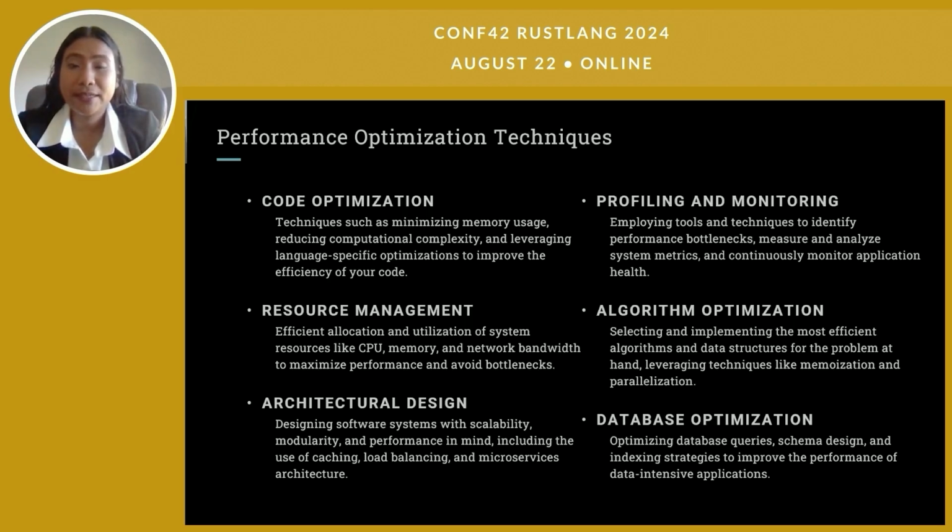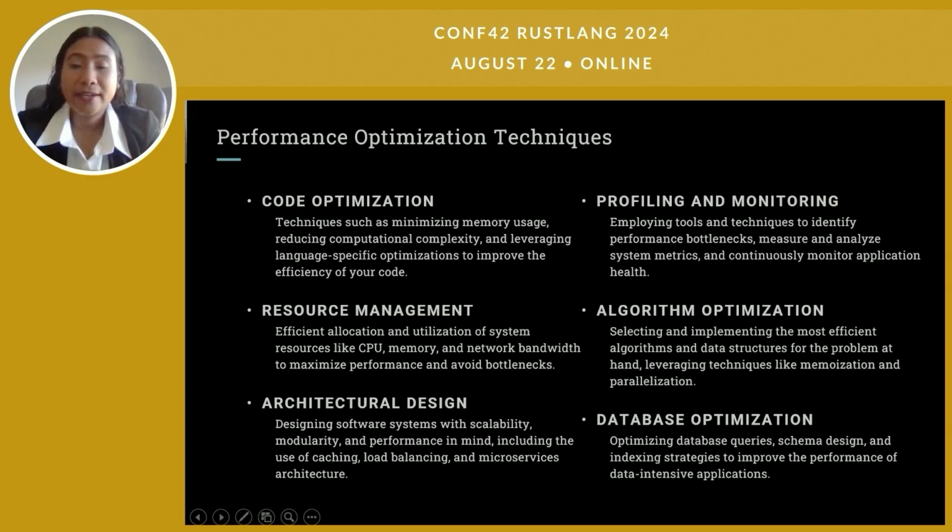Techniques such as minimizing memory usage per programming language, reducing computational complexity, and leveraging language-specific optimizations will improve it while developing the code itself. In the same way, efficient allocation and utilization of system resources like CPU, memory, and network bandwidth will maximize the performance and avoid bottlenecks. I will come to the bottleneck analysis part later in this video.